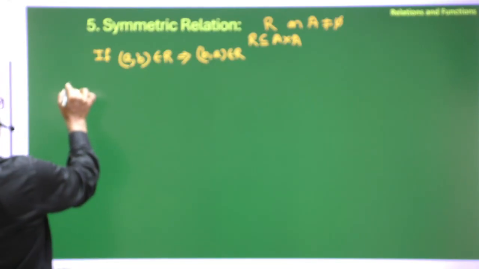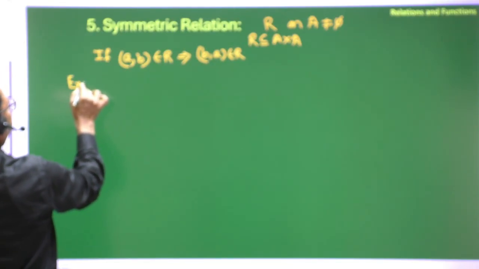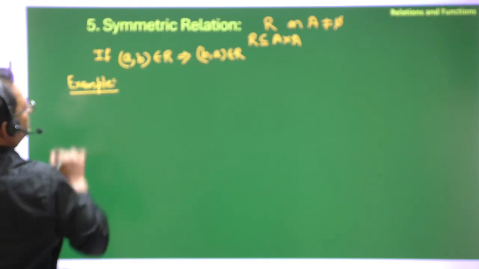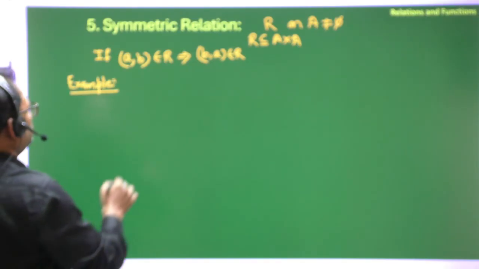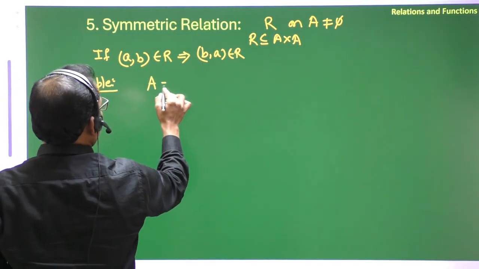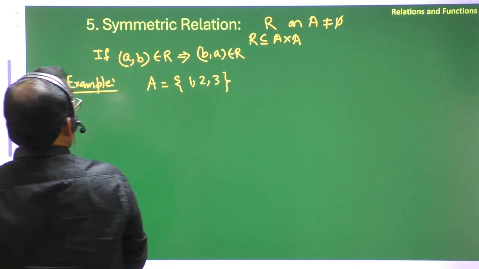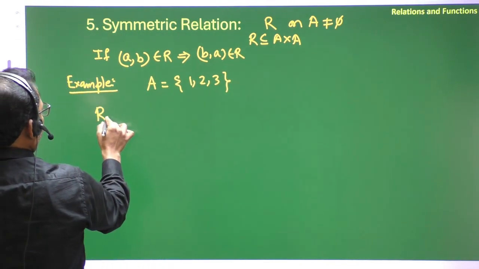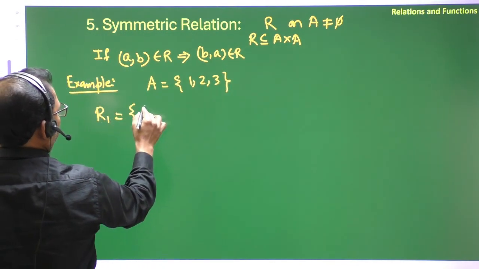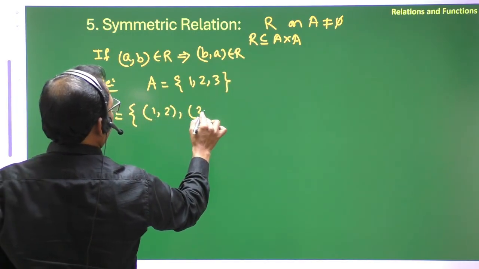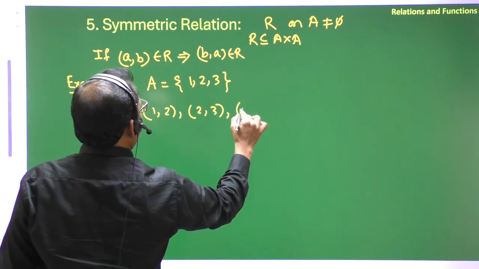Okay, so take an example. Suppose we have a set A, it is {1, 2, 3}. Now I am going to define a relation R1 which contains the ordered pairs (1, 2), then (2, 3), and then (2, 1).